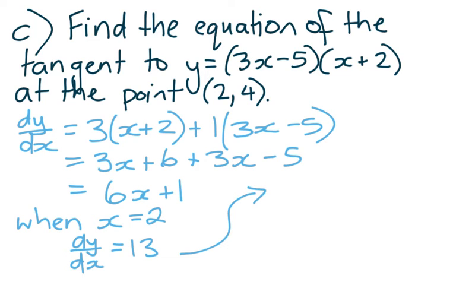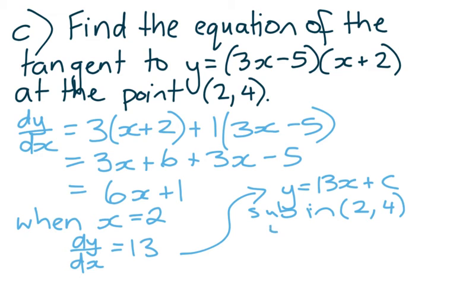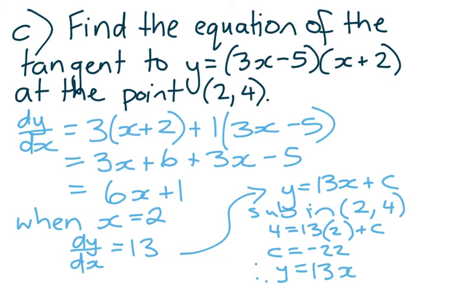So far we know y equals 13x plus c, and then to find c, we need to sub in a point that's on that line, and we know that (2, 4) is on that line. So we would have 4 equals 13 times 2 plus c, which makes c negative 22. Therefore, the equation of the tangent is y equals 13x, take away 22.